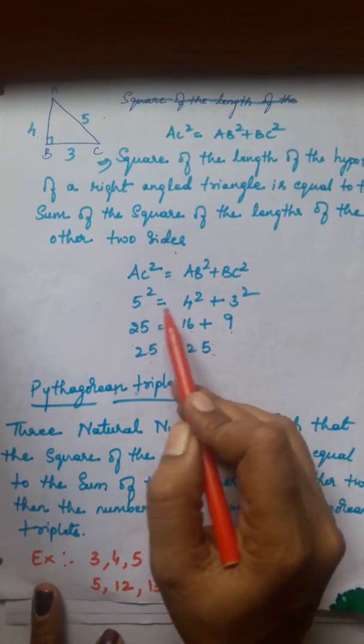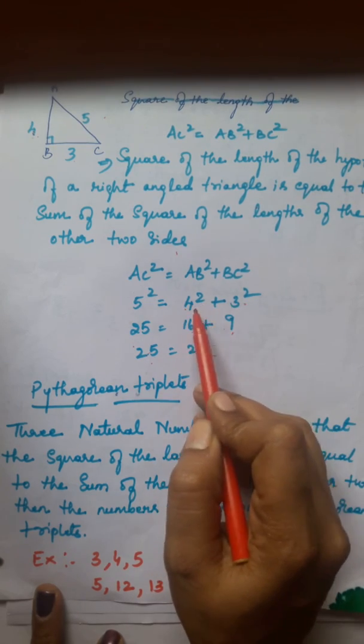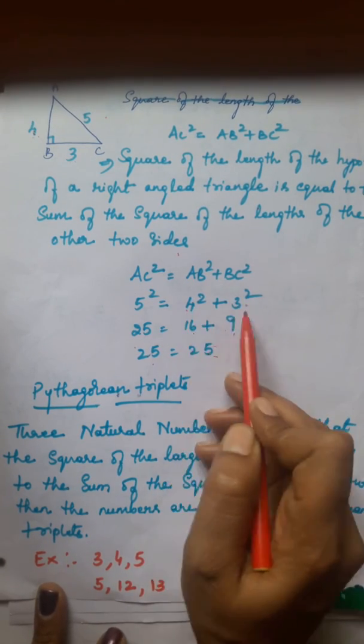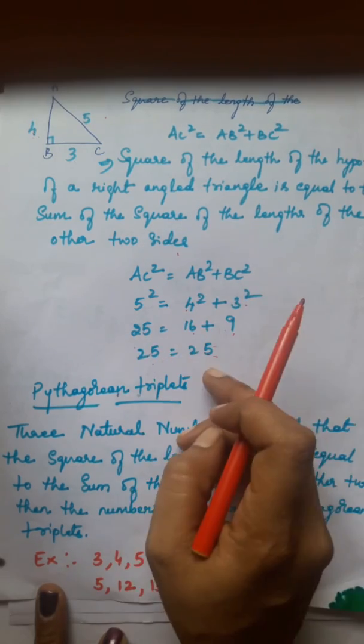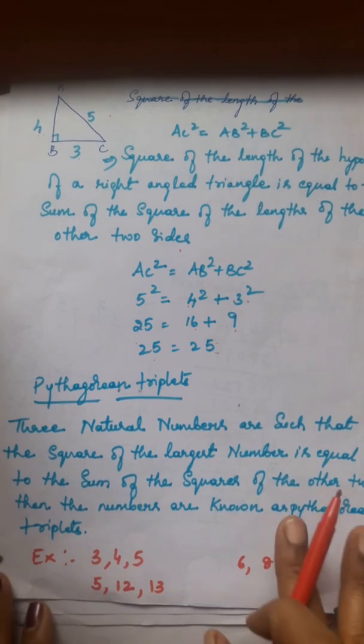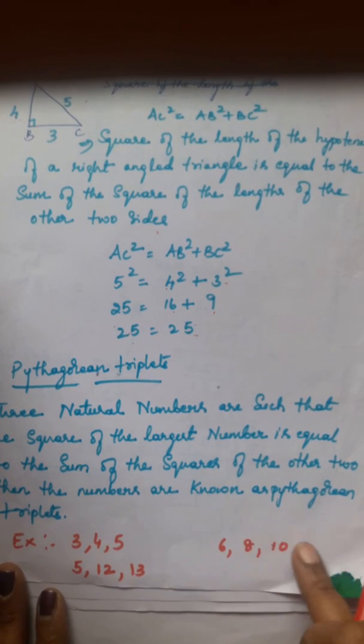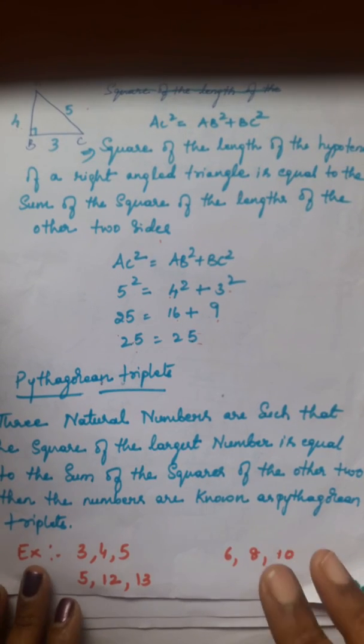Those three numbers are called a Pythagorean triplet. Like 3, 4, 5; 5, 12, 13; 6, 8, 10. These are examples of Pythagorean triplets.